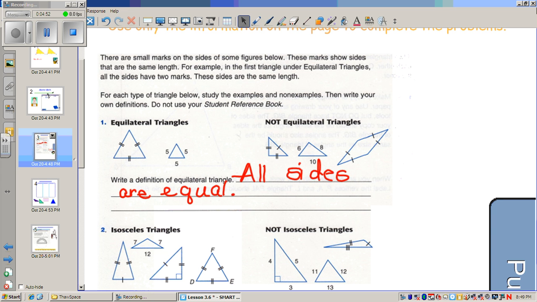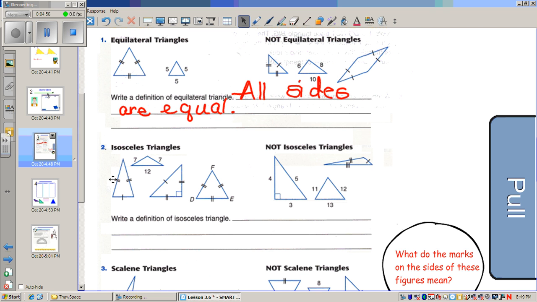So moving right along here, the isosceles triangle. I noticed that this side has 2 hash marks and this side has 2, but the bottom only has 1. Over here, the side lengths are 4, 3, 5 and 11, 13, 12.